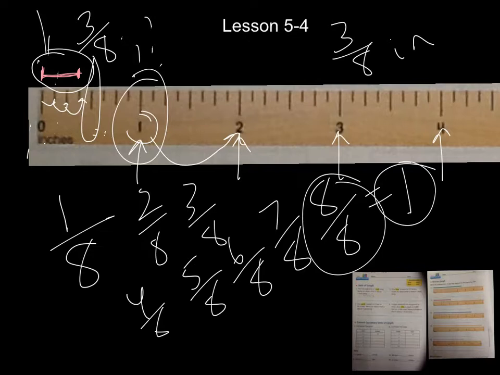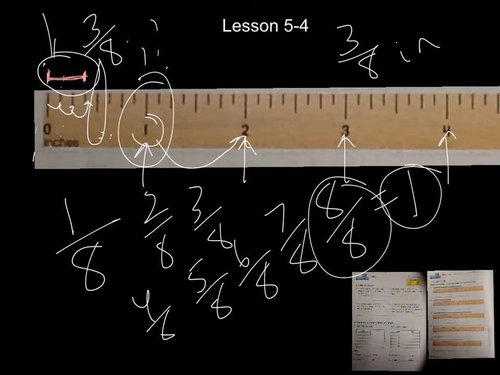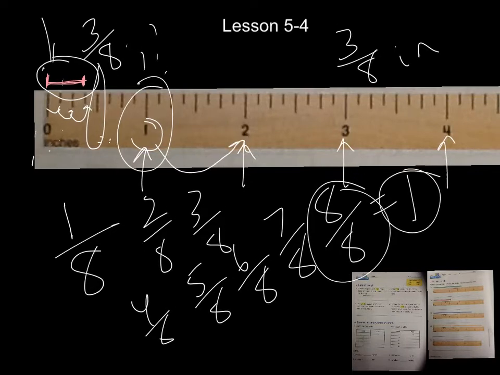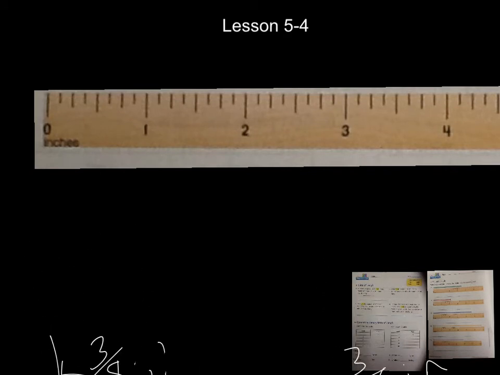3/8 inch, okay? If I want to measure something that is from here all the way over to here, once we get past our whole, our answer would be 1 and something, because you're past your whole.